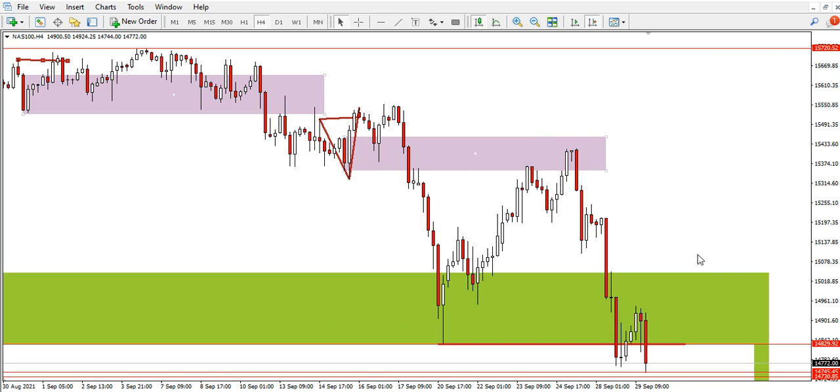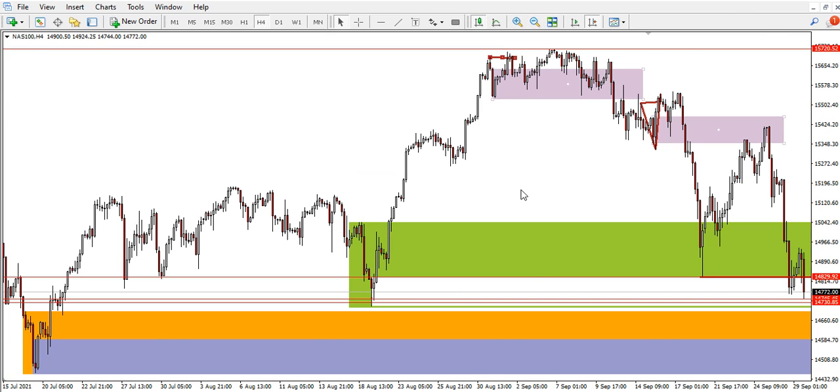We see price came down here, and now we have to wait for this swing low on the daily time frame to be evaluated, and then we'll definitely know that price is coming down to respect this order block here.